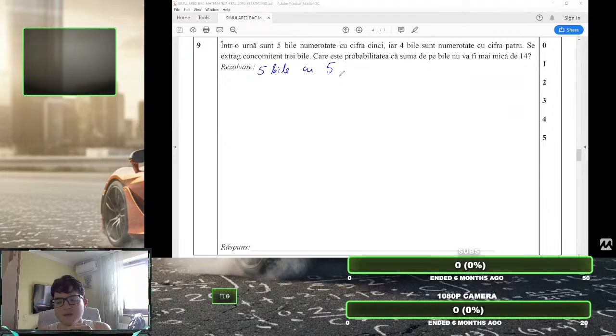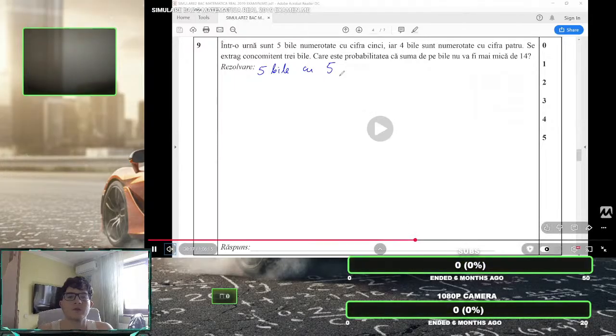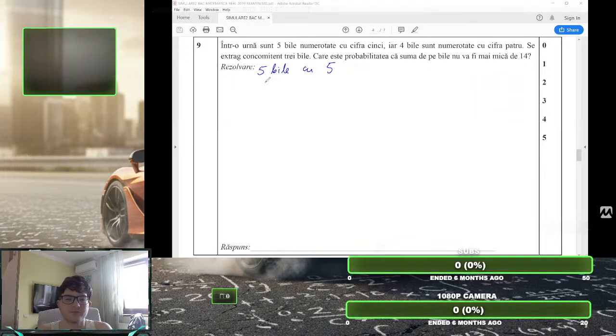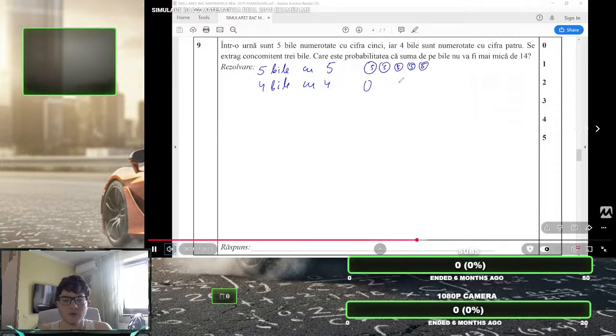When the case of extracting 2 5 balls and 1 4 ball, you just pop C of 5 below 2, because they're extracting 2 5 balls. In total there are 5, times C of 4 below 1, which is essentially 4, and then you plus them up. 3 are taken.